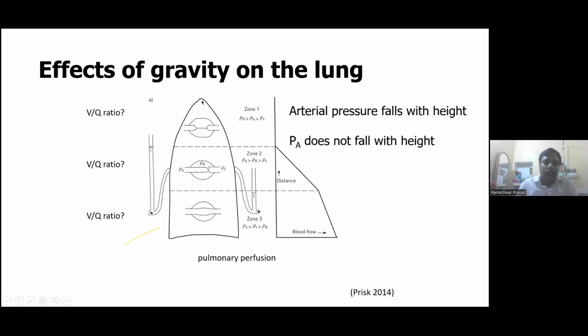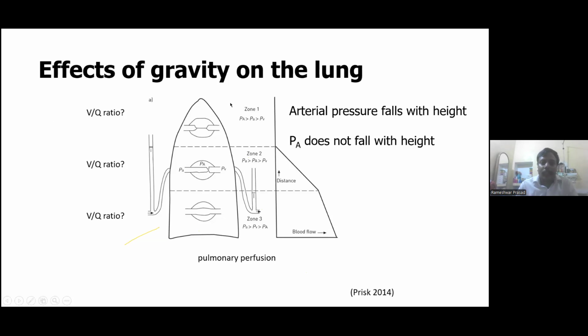When we stand upright, this is the lung in vertical position. The lung can be divided into 3 zones. Why?